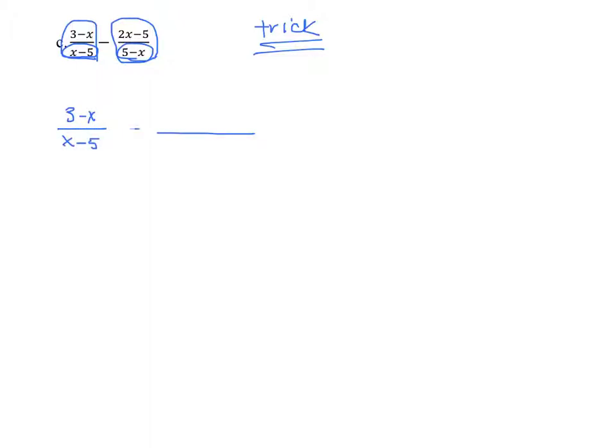And from the second guy, I'm going to factor out a -1 in the denominator. So I'll get 3 minus x. And the cool thing is, I have subtracting a negative, which gives me a positive in between.